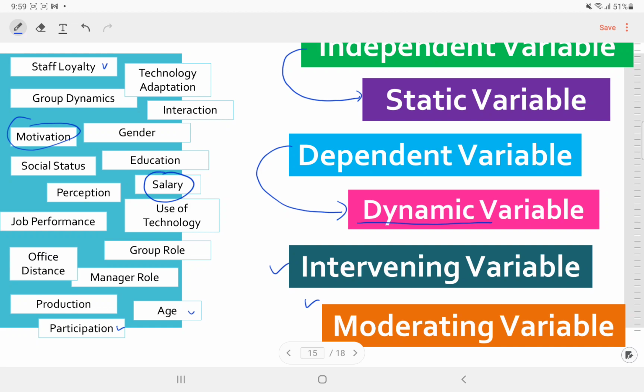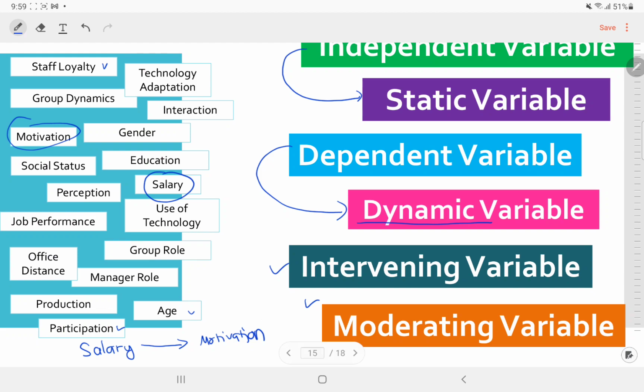I'm sure that we will have the same predictions, that the staff's salary, how much their salary is, will influence their motivations.